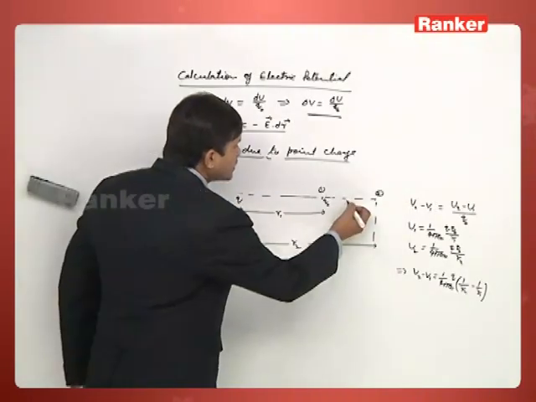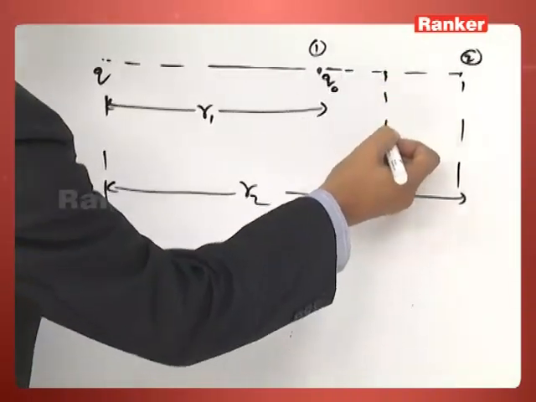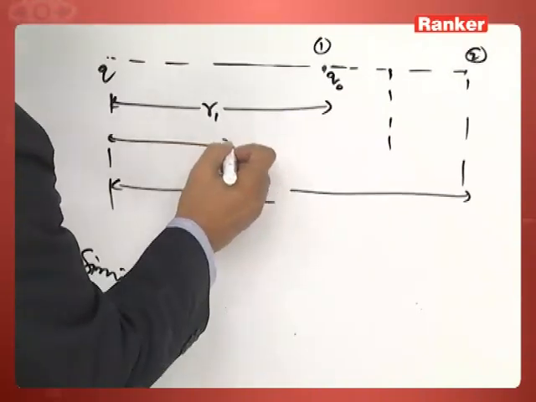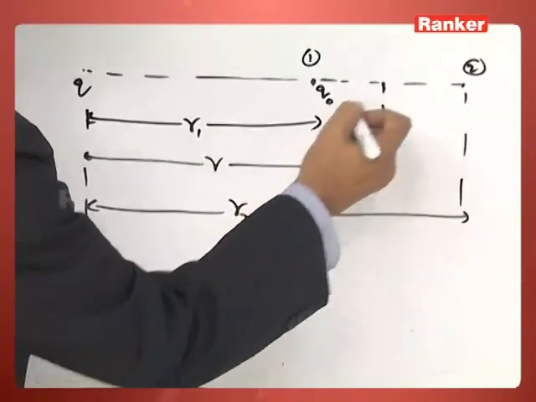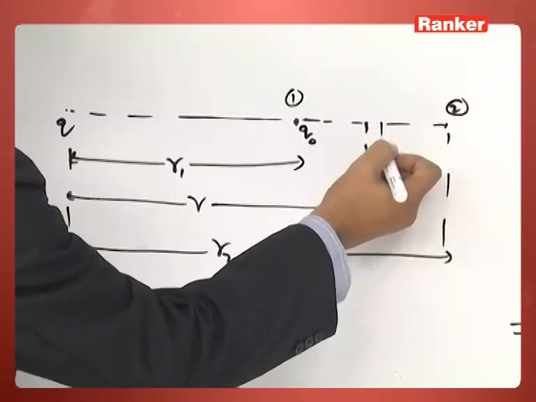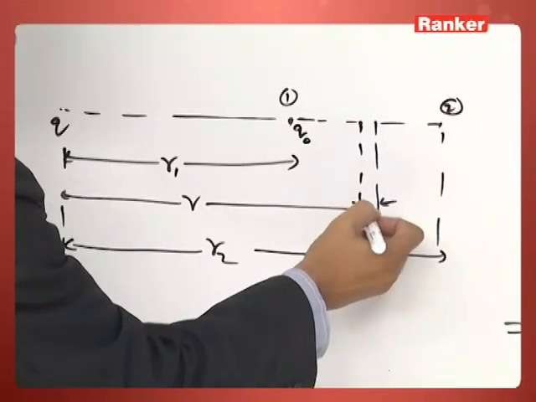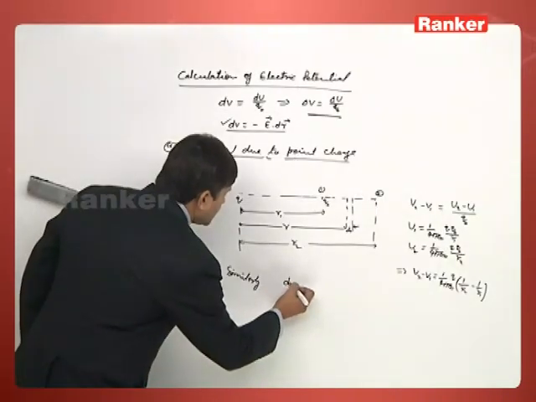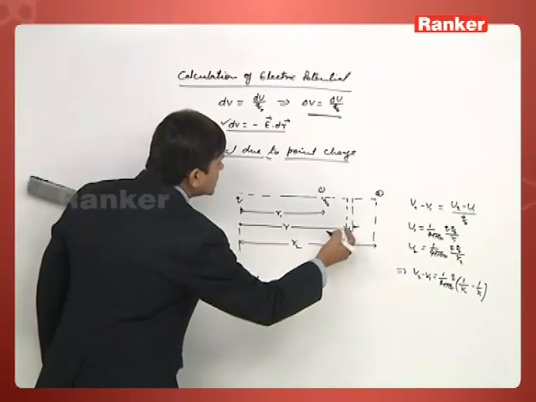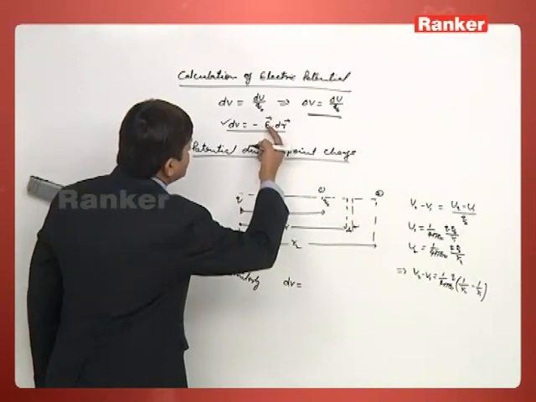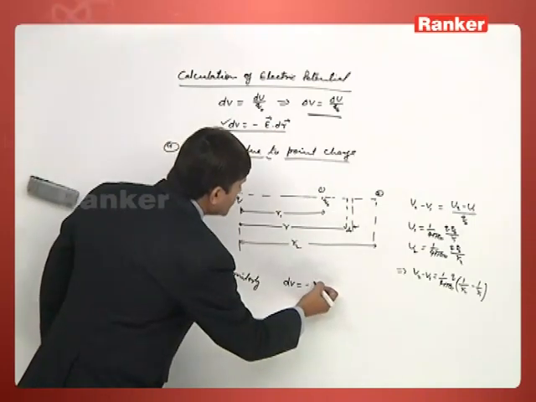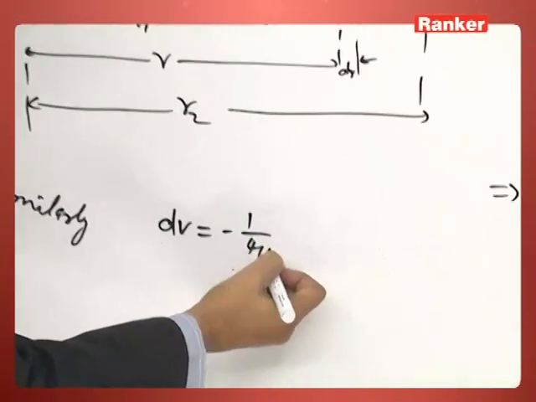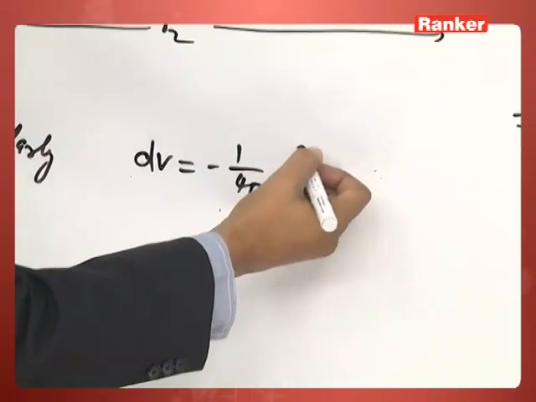So we will assume an intermediate point at distance r from the charge Q, and here we will calculate the electric field. For a small distance dr, dV is written as minus E dot dr. Here there is no need of any test charge.